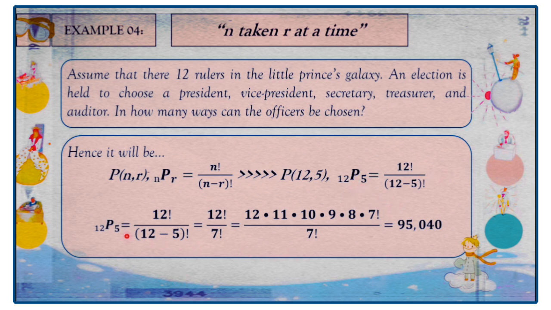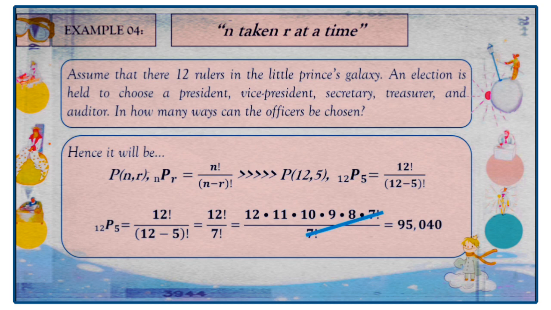So it's 12P5, and we stop here at 7 factorial in the solution because 12 minus 5 is 7. As simple as that. So we'll have 12 times 11 times 10 times 9 times 8. That's 95,040. And that's how many ways we can have different arrangements of people there.